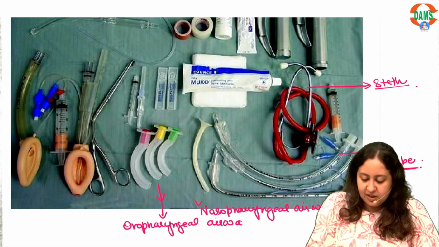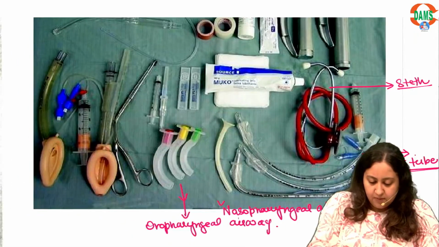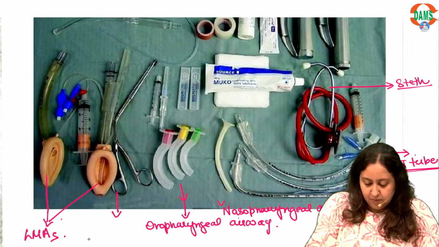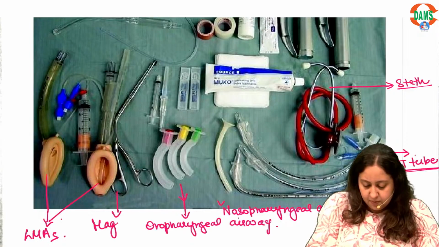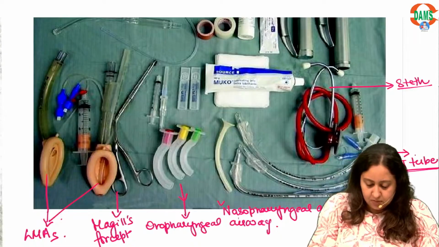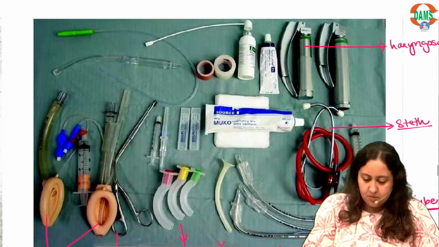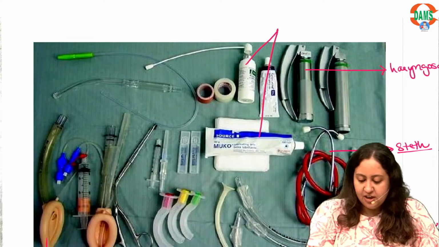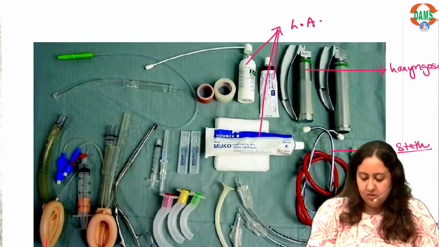So this quickly revises a lot of things for us. These are your laryngeal mask airways or LMAs. This is your McGill's forceps. This is your lignocaine spray and jelly. This one as well. This is your local anesthesia. Alright.